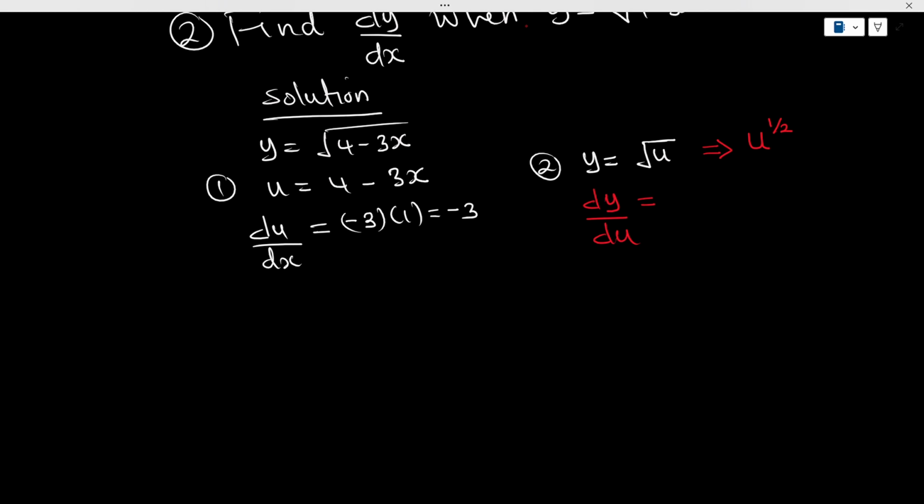So the derivative equals 1/2 times 1, then times u to the power 1/2 minus 1. So dy over du equals 1/2 u raised to negative 1/2.